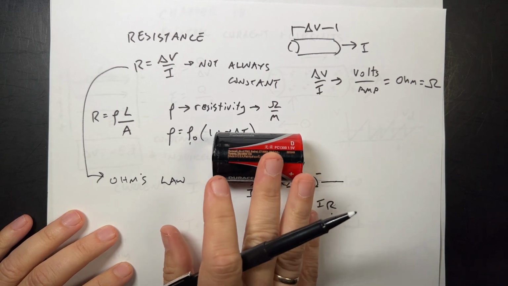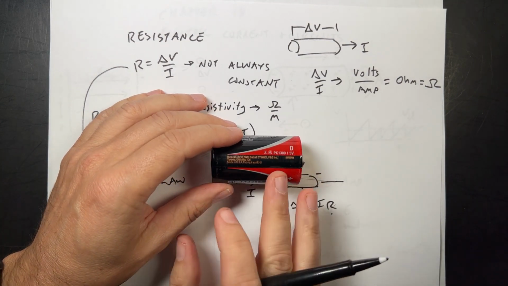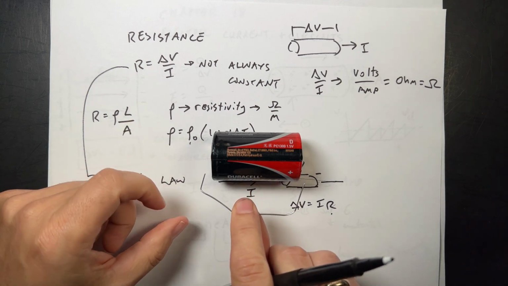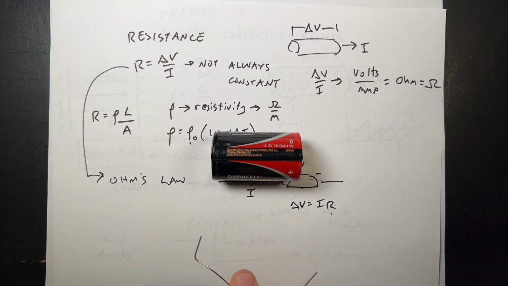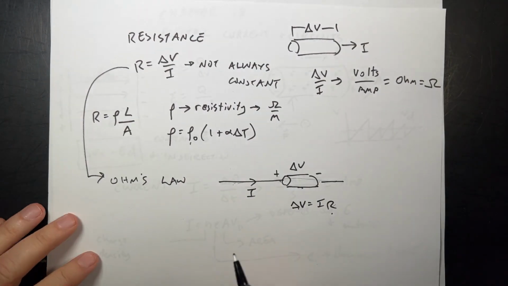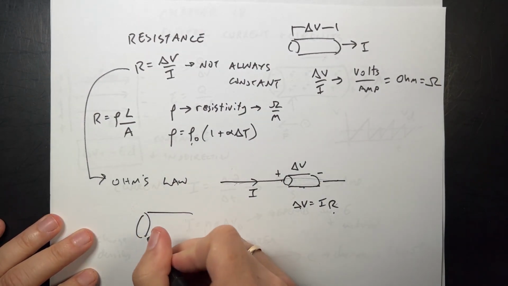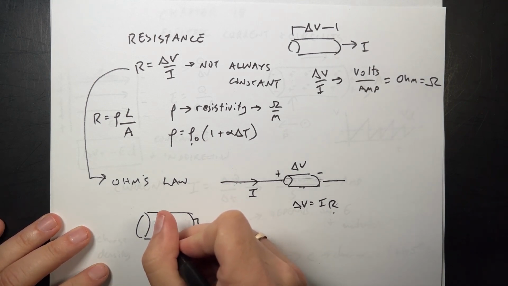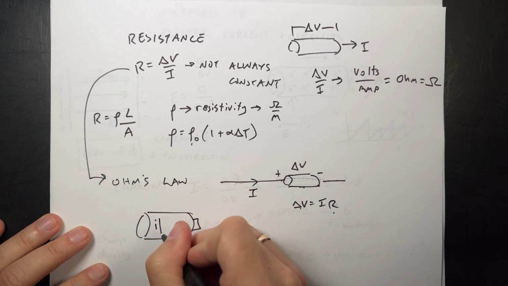So one of the important things about batteries is that if this is a 1.5 volt battery, and I take, let's say, a paper clip with a very low resistance, let's say this has a 1 ohm resistance, which it might be somewhere around there, and I connect one end to the other, then I could get 1.5 amps of current, but I don't actually get that because we can model a battery as this. There's my actual battery. I can write that as an actual internal battery that looks like this and a resistance.